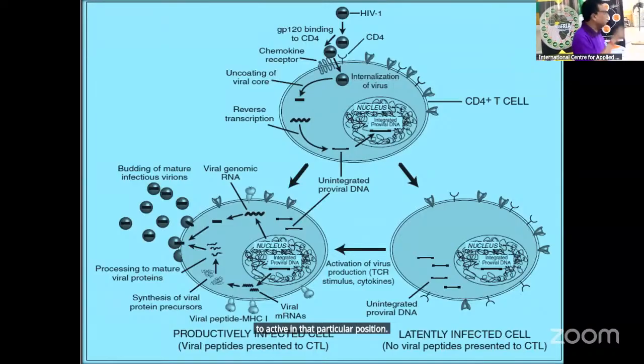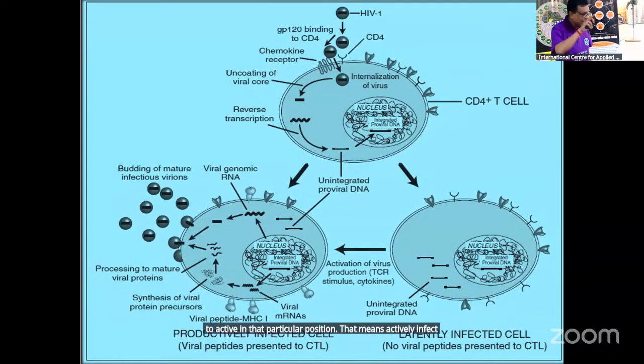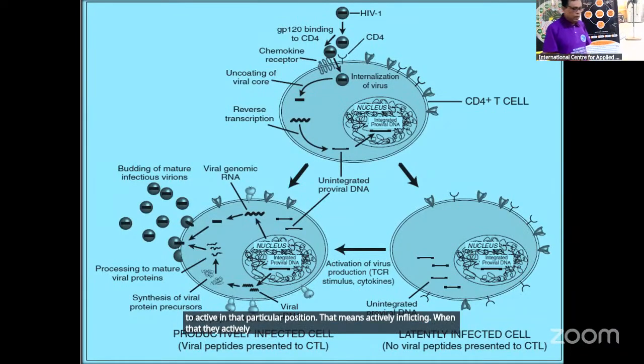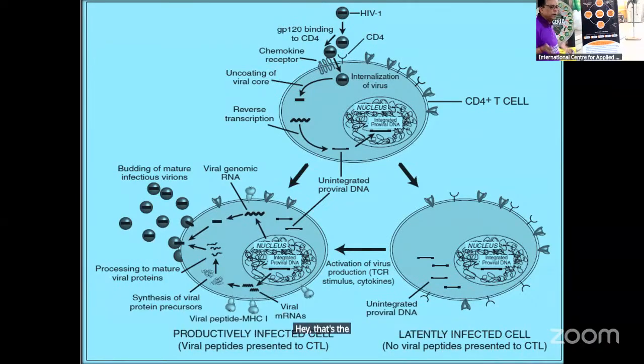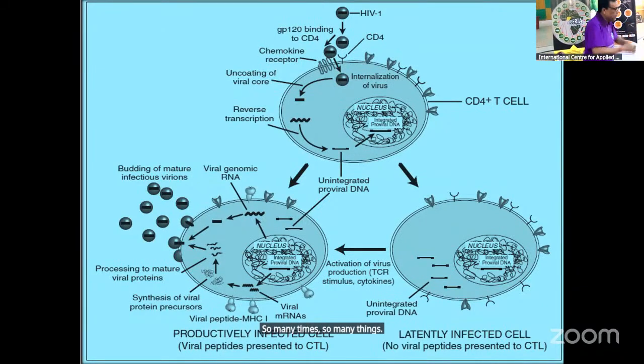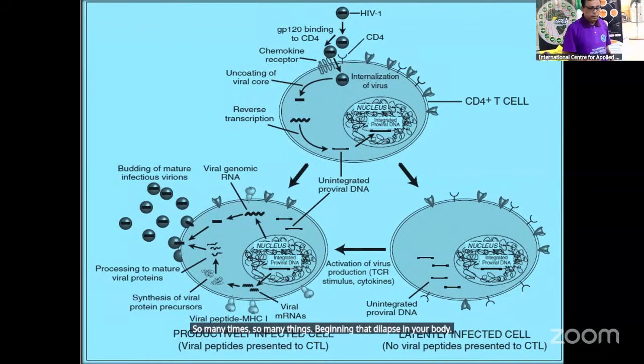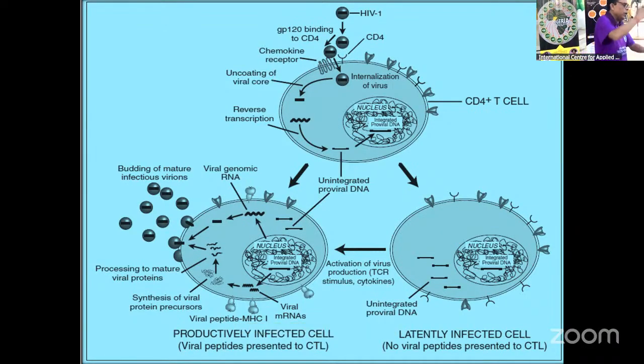That means actively infected. When that cell is actively infected, it again releases so many viruses. Again, that virus in your body infects another uninfected cell. And it will be continued, it will be continued.